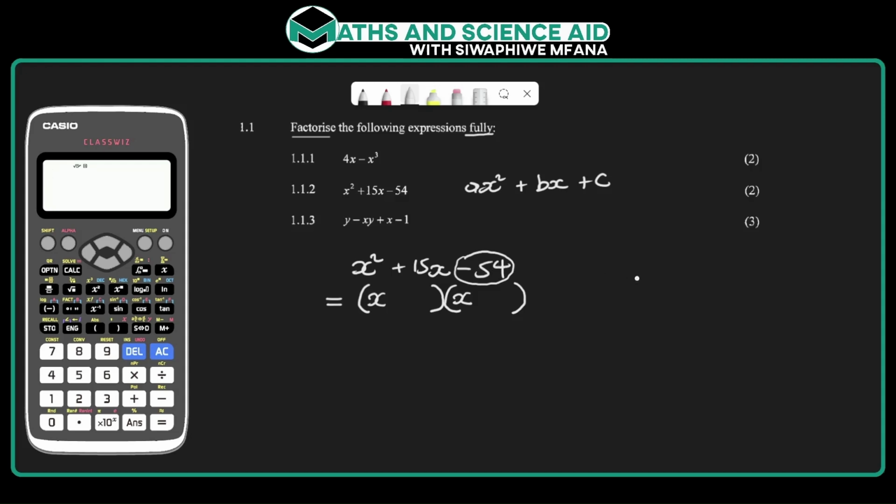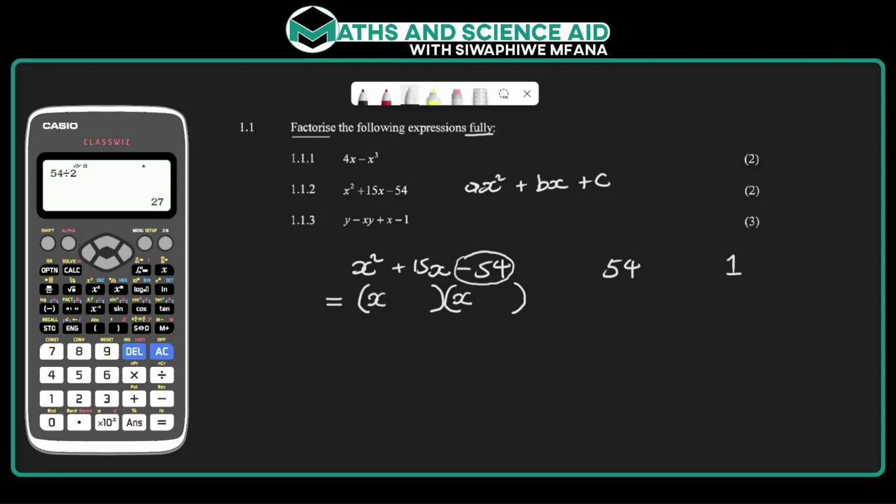For example, for 54, we can multiply 54 by 1. 54 multiplied by 1 is going to give us 54. Secondly, you can use your calculator and divide 54 by 2 and see what you get. We get 27, which is a whole number.